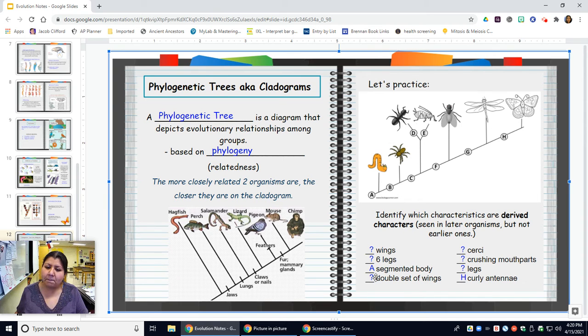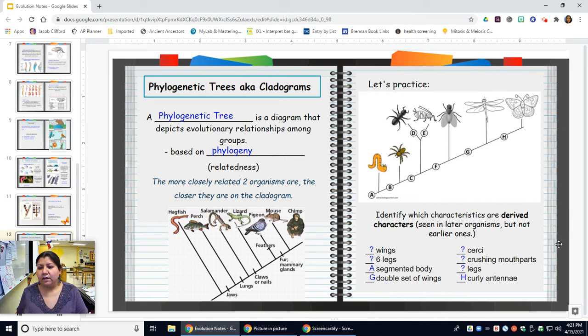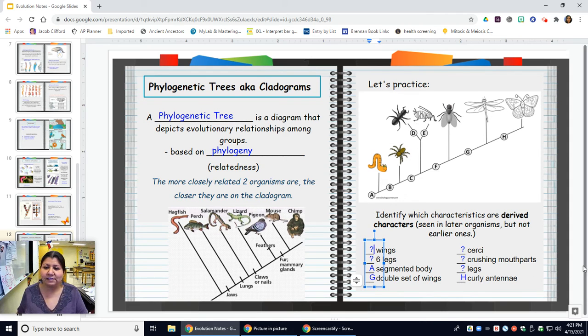My dragonfly and my moth both have a double set of wings. So between these four organisms and my fly, I can very obviously see it's only my fly, my dragonfly, and my butterfly that actually have wings. So that is going to be letter F.